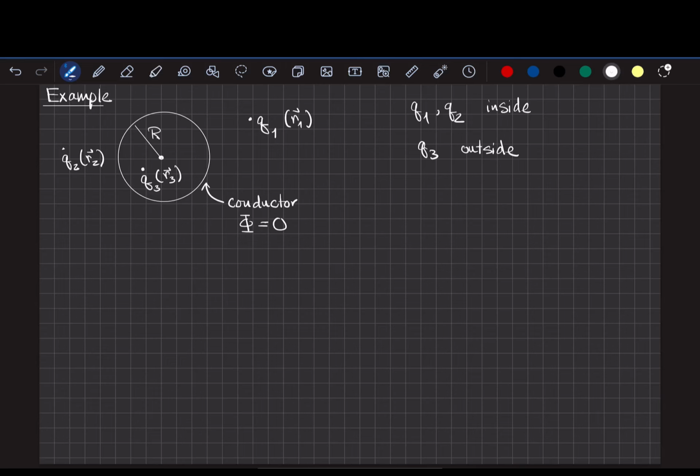So here we have our problem. We have to find the potential everywhere. So first let us solve this problem for outside the sphere.